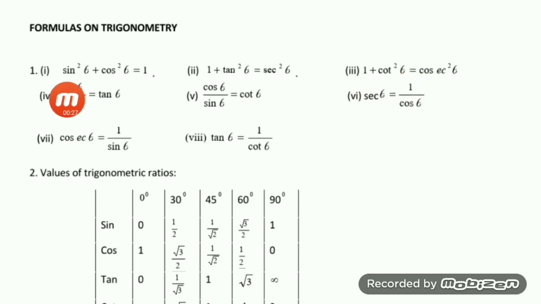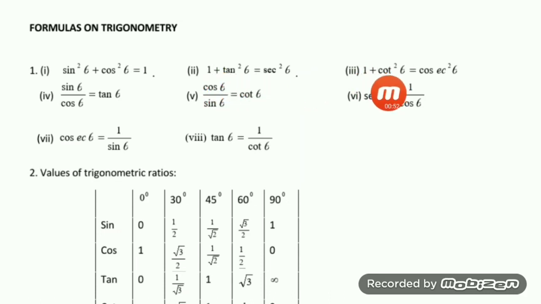And if you change the position of sine and cos, from here we can derive two more formulas. Sine square theta can be written as 1 minus cos square theta, or cos square theta can be written as 1 minus sine square theta. Like that, from here, sec square theta minus 1 will be equal to what? Tan square theta. Or if I bring tan to the left side, it becomes sec square theta minus tan square theta is equal to 1.